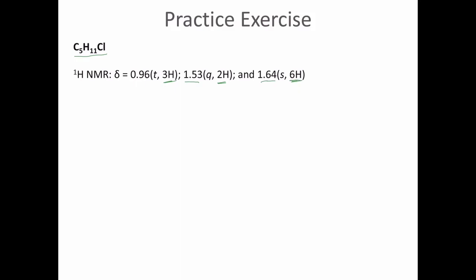So that means we have that group, but it's a singlet, which means there's no proton in that position. So we could say that it is like this and could be attached to a chlorine, so that there's no proton in that position. So we have 3, 3, 6 protons.